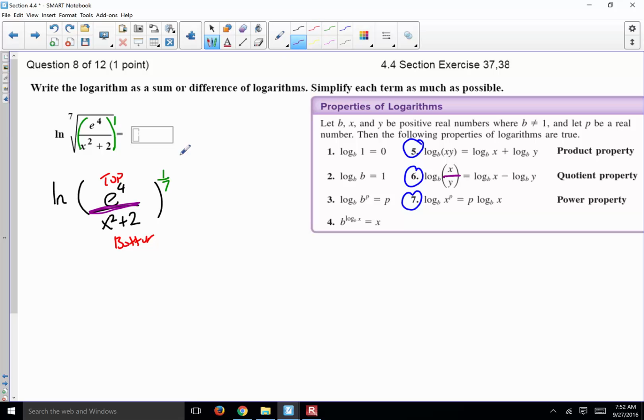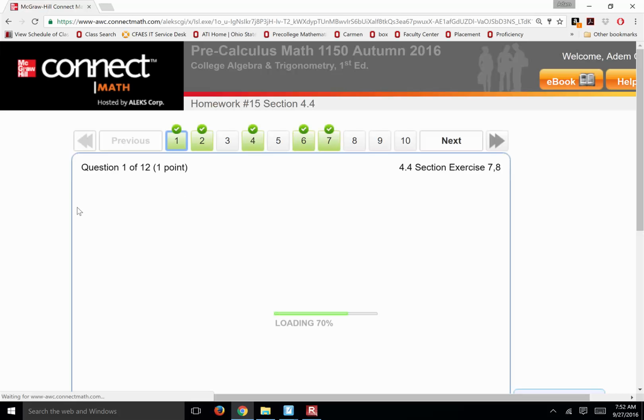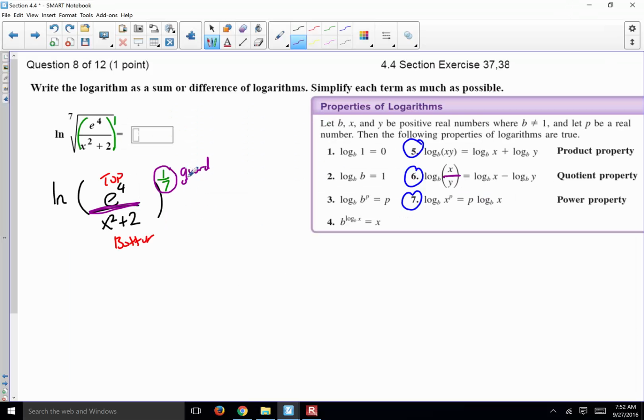They're kind of imprisoned by this guard. It won't let top and bottom separate. So we need to first handle this guard. So before number 6, we need to do number 7.